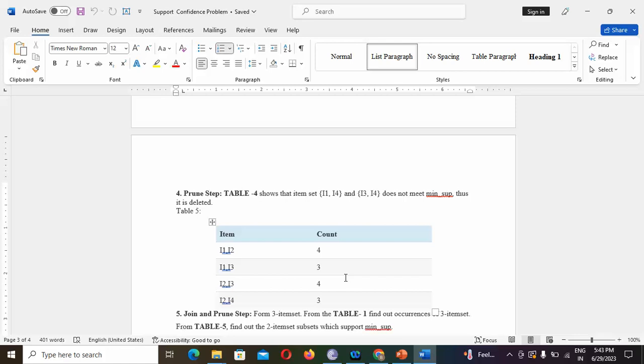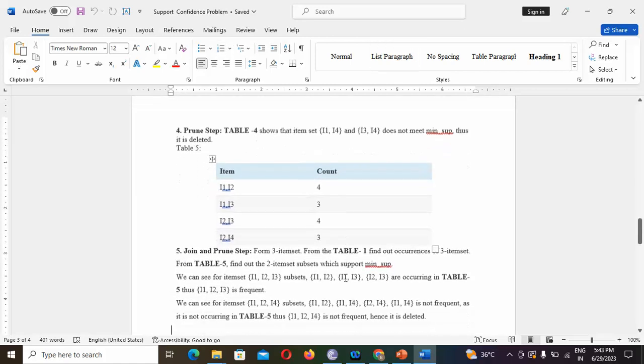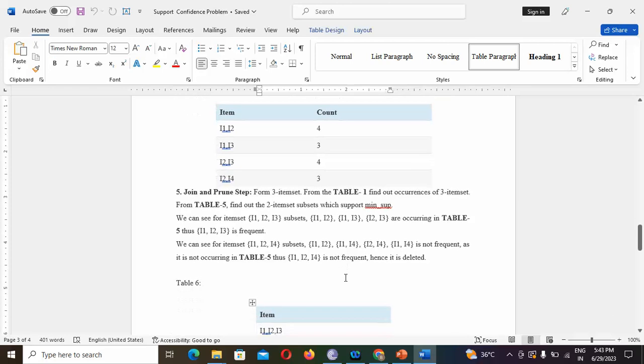Now we are going to apply the join and prune steps for the 3-item set. From the above table, we observe how many times 3 items are bought together. Why do I call this market-based analysis? Because we calculate the count when buying a single item, the count when buying 2 items together, and the probability when buying 3 items together.